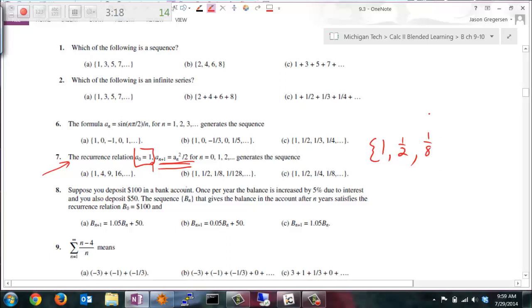That tells us which one we're at now, right? This one, B. Now to find the next one, I would square this and divide it by 2. So I would get 1 over 64 divided by 2, or 1 over 128. Any questions? Alright, let's look at the next one.